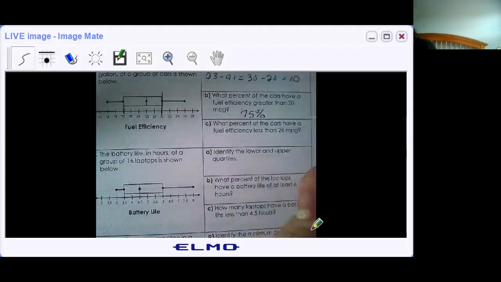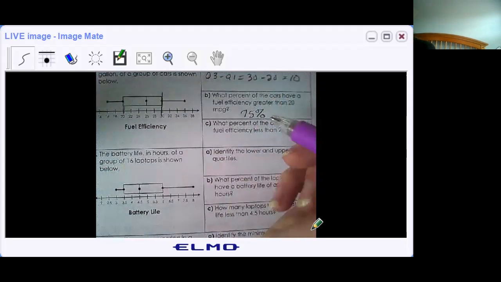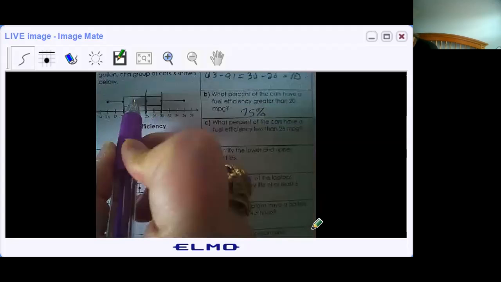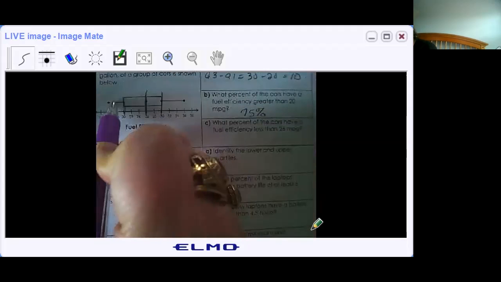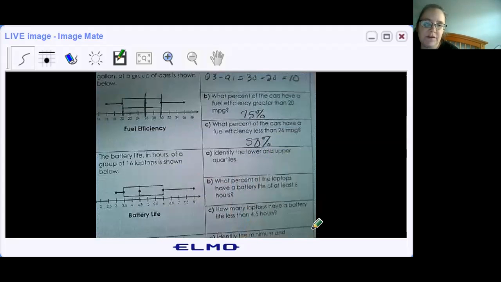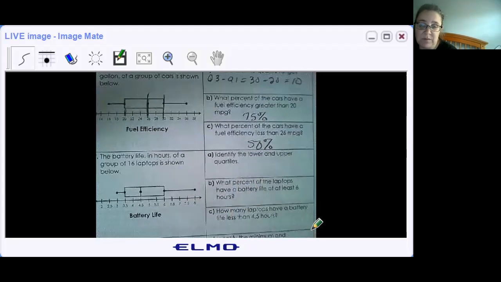What percent of cars have a fuel efficiency less than 26 miles per gallon? Well, here's 26 miles per gallon, and I've got 1, 2 sections smaller than that, so 50% have a fuel efficiency less than 26 miles a gallon. And this is pretty much what we looked at.